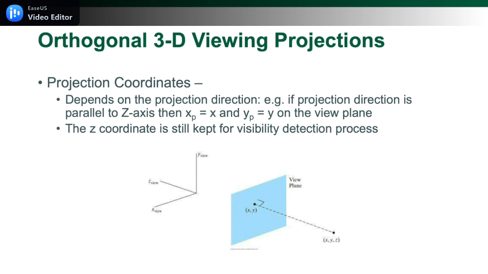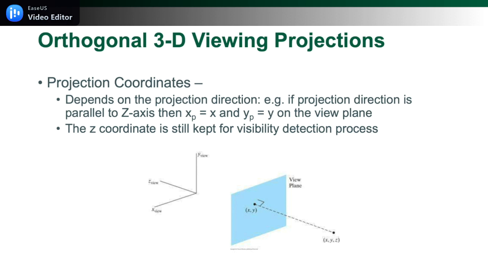So if we see here in this graph of axes, 3 axes, z view axis is the axis along which our viewing axis is, and the plane is intersecting z view, and it's parallel to xy plane, x view and y view plane.